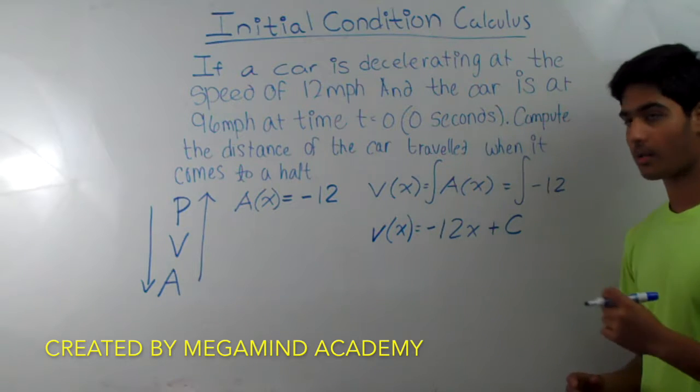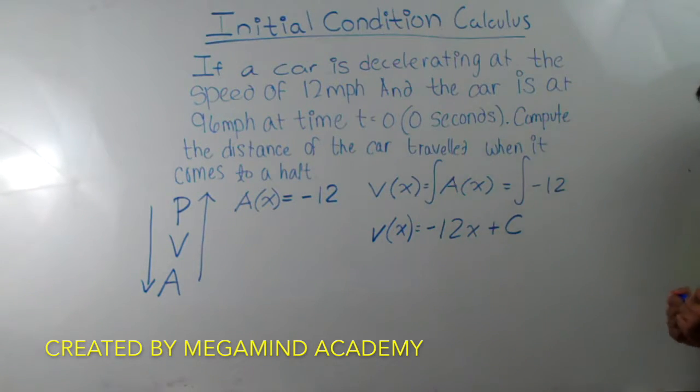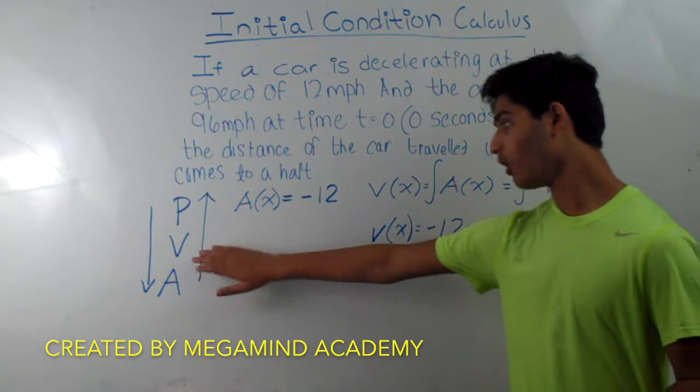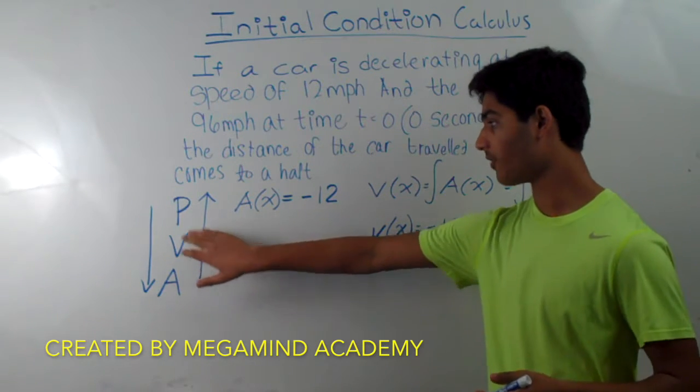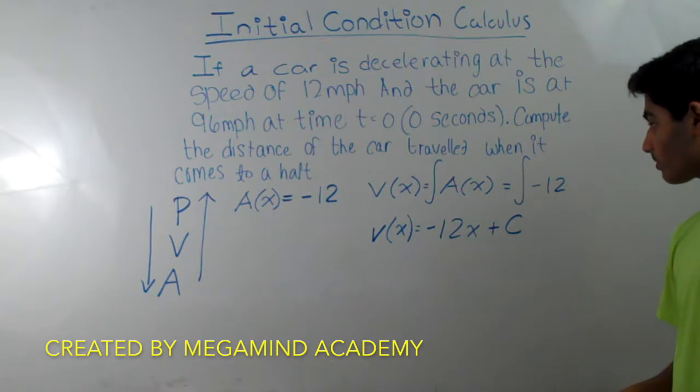So here's where we learn something called initial condition. We know that the c stands for any arbitrary constant value. But to go from the velocity function to the position function, we need to actually have a number here. So how do we find that number?